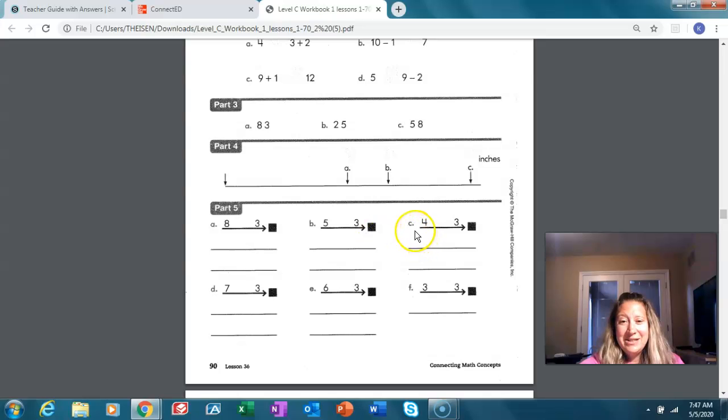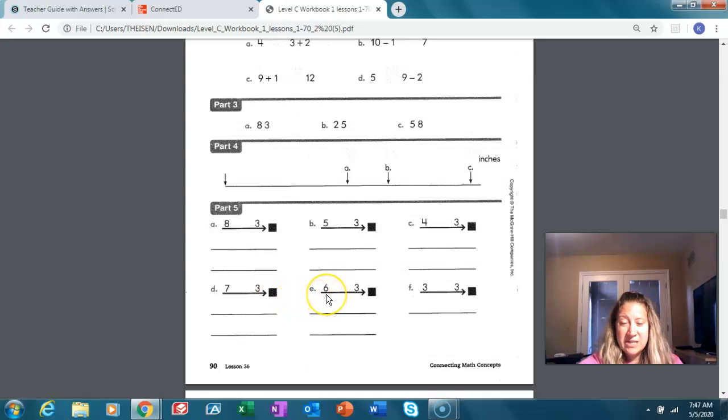Touch C. What are the small numbers? 4 and 3. What is the big number? 7. D. What are the small numbers? 7 and 3. What is the big number? 10.